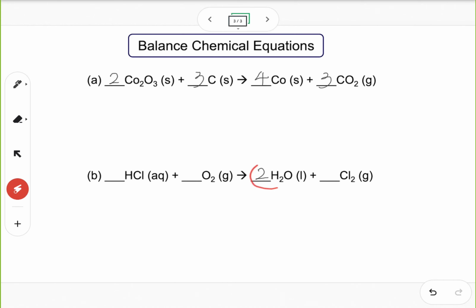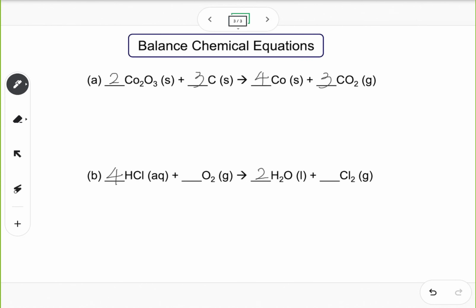Now let's take a look at the hydrogen. 2 times 2, you have a total of 4 hydrogen atoms on the product side, and only 1 hydrogen on the reactant side. Therefore, to balance hydrogen, you just add 4 in front of it. Now both hydrogen and oxygen are balanced.